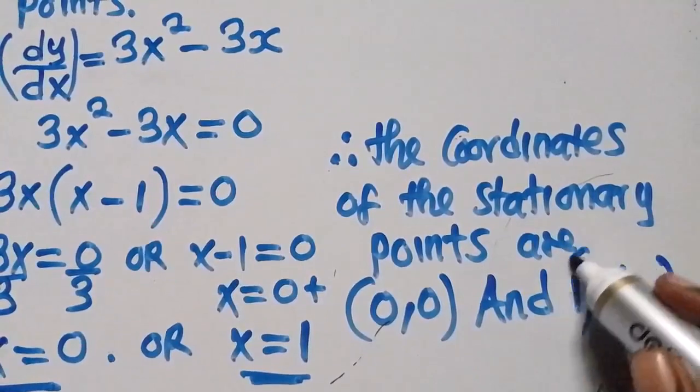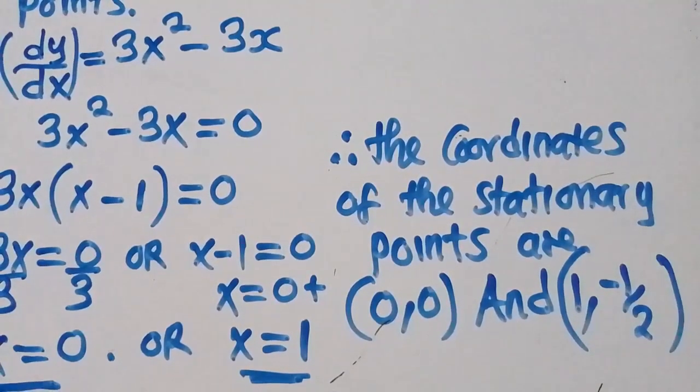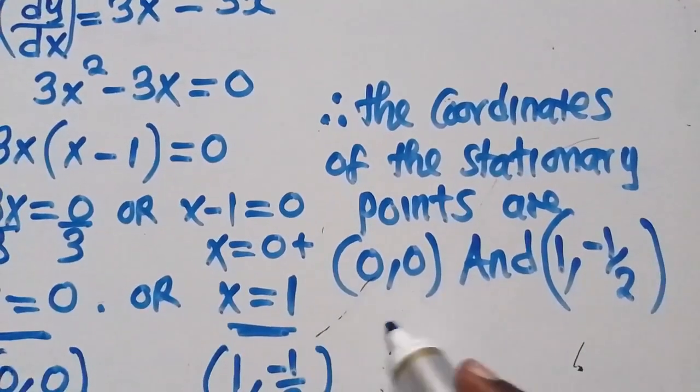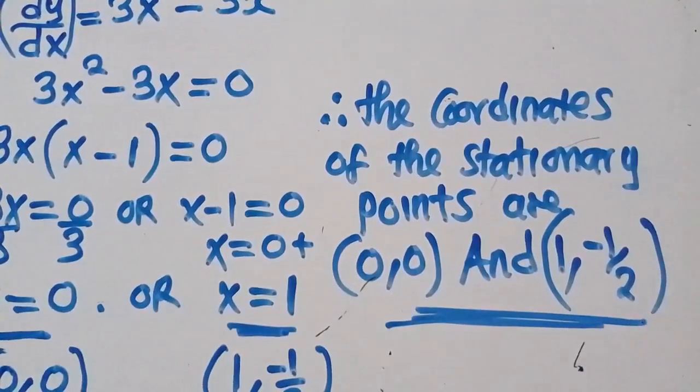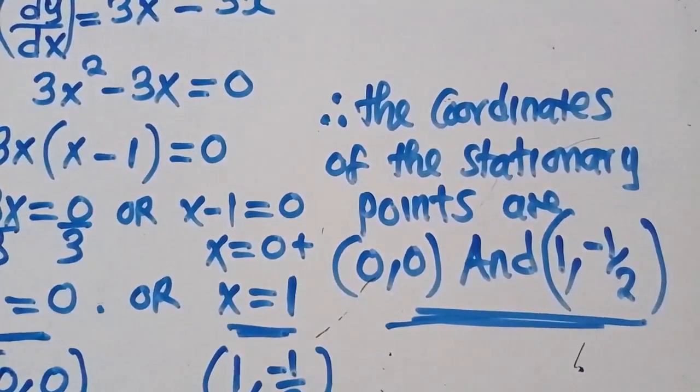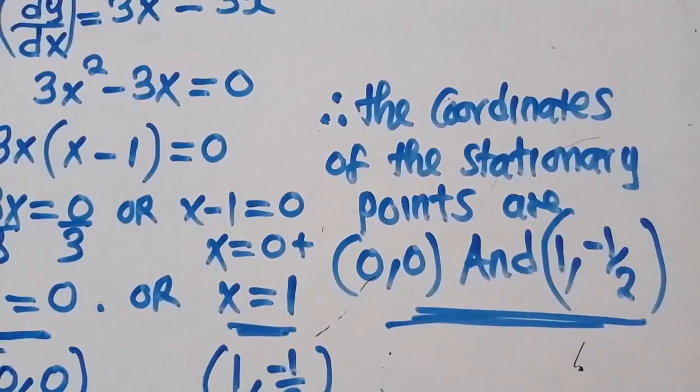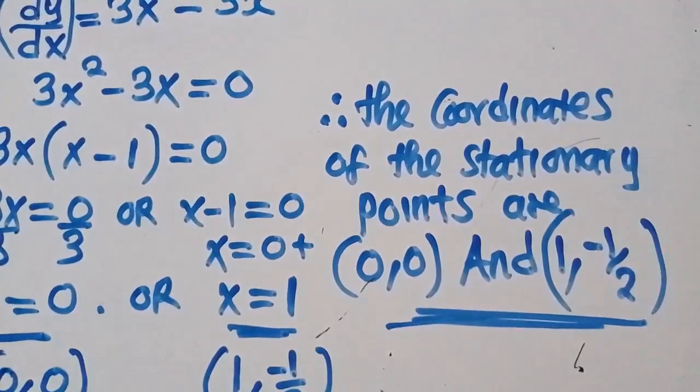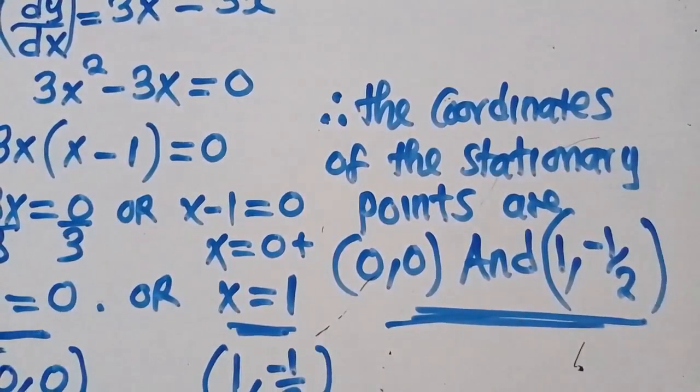These are the coordinates of the stationary points that we found. So this is your answer. That's how you need to answer and calculate such a question. These are procedures that we need to do, and some of the things that you need to put into consideration.